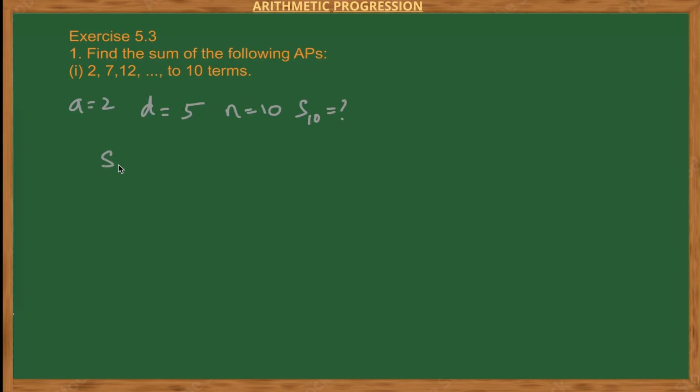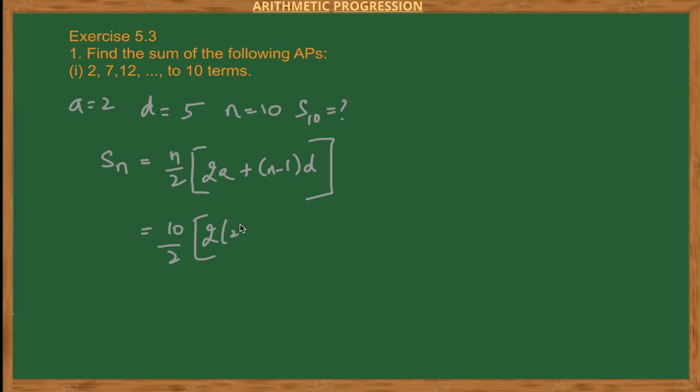Sn, the sum of the n terms, is equal to n by 2 whole bracket 2a plus n minus 1 into d. Let's substitute here. n is 10 here, 10 by 2, 2a is 2 here, plus n minus 1, 10 minus 1, into d, which is 5.